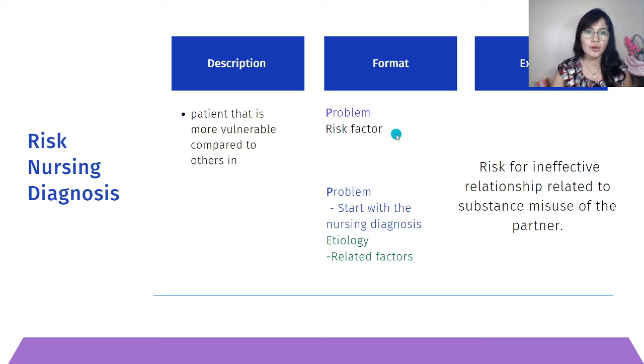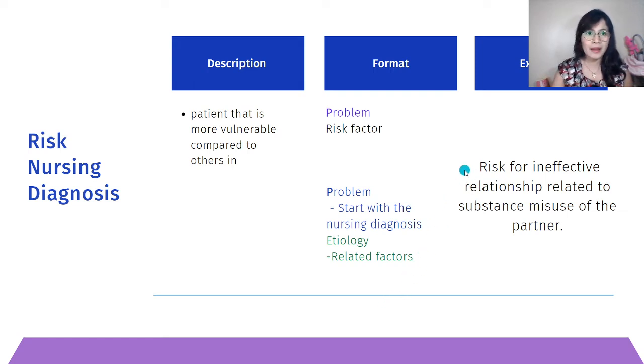For the problem, start with the nursing diagnosis. Again, this can be found in the NANDA. And then, what could be the risk factor? The risk factor, again, is not an actual symptom or an actual event that's being experienced by the client. So, let's have the example.